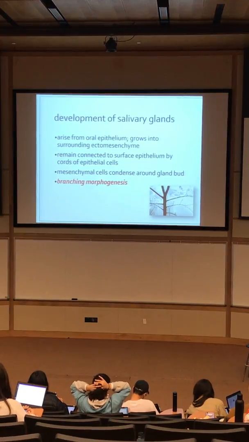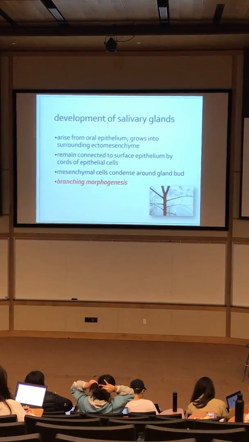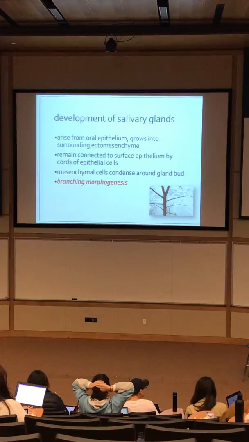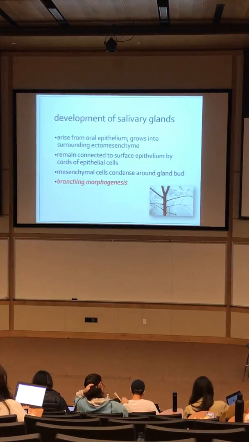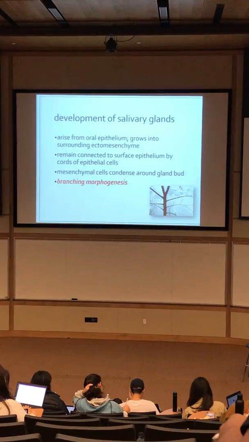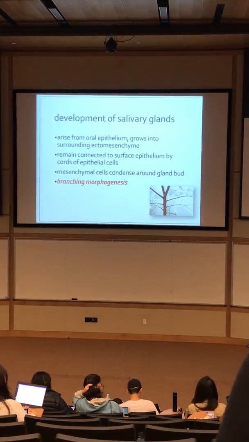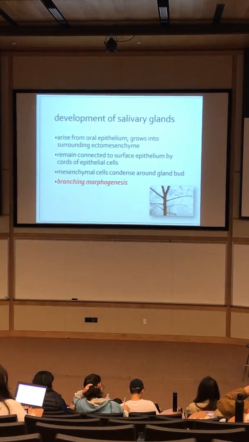Why do we call it that? Morphogenesis, of course, means the development of shape or form, the development of the gland. And so as the gland grows, it undergoes multiple branching patterns. So dichotomous branching. So it will grow down, that will branch, then those branches will branch, those branches will branch. And so that's what we mean by branching morphogenesis.